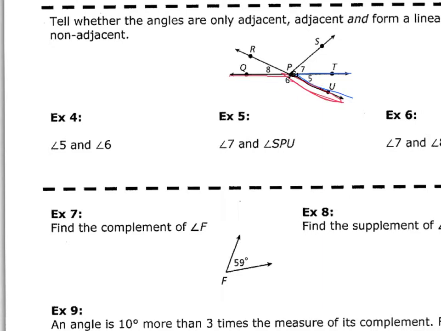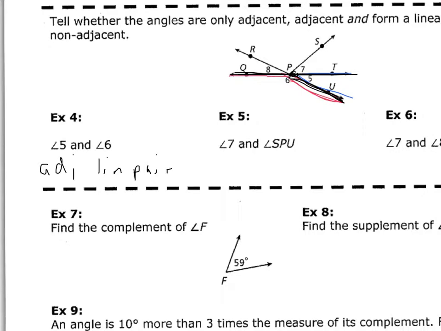They share a side, and they also form an opposite ray. So we know this is one of those that form an adjacent. It is adjacent, and it also forms a linear pair. I apologize for the handwriting.